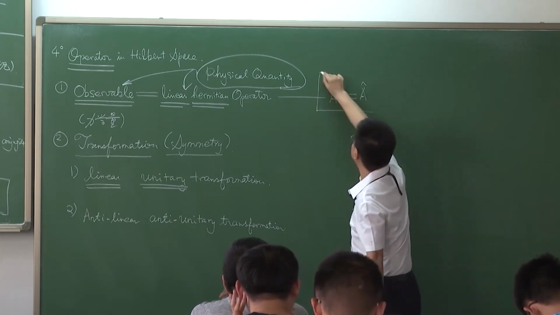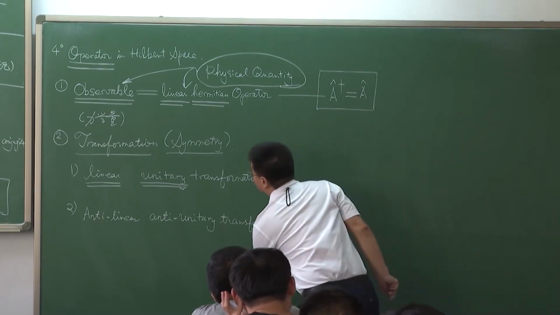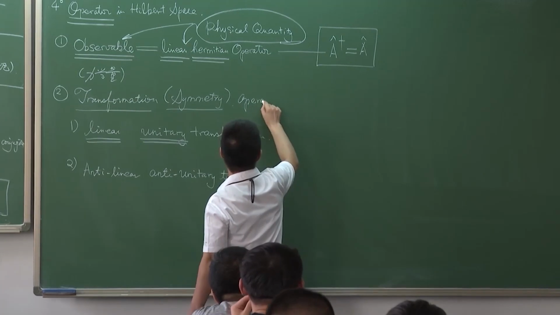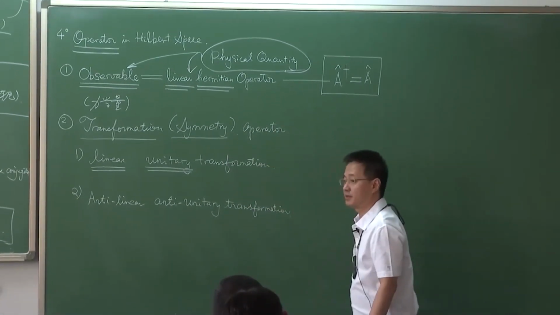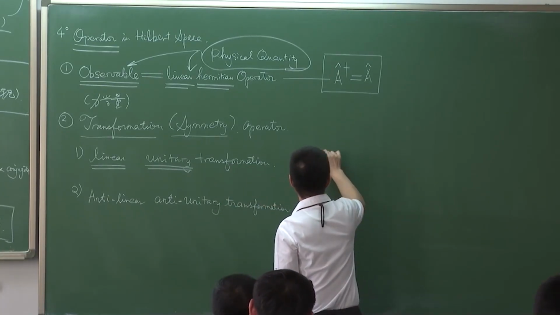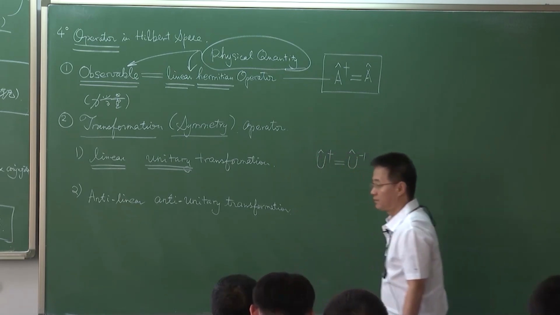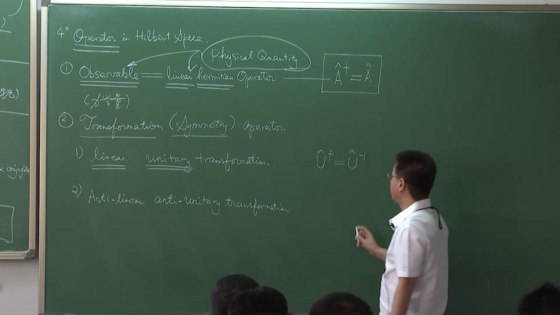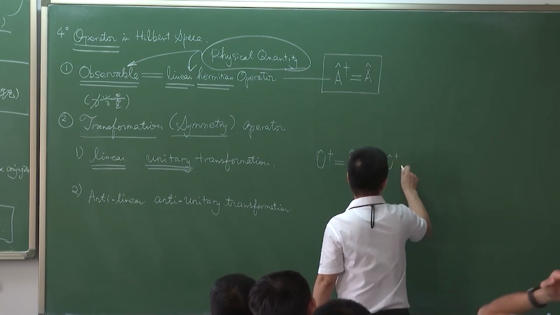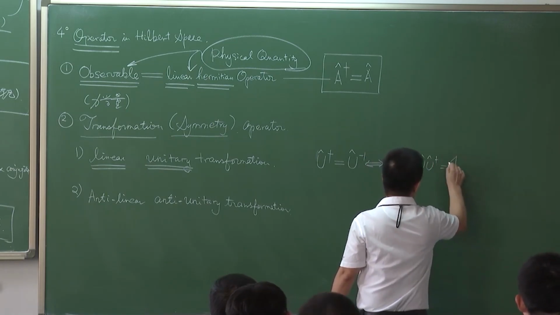So this is the definition and also the property of the linear Hermitian operator. And the transformation operator is more complicated. For the linear unitary transformation, you have U dagger equal to the inverse of U. Equivalently, it means that U dagger U is equal to U U dagger is equal to the identity.